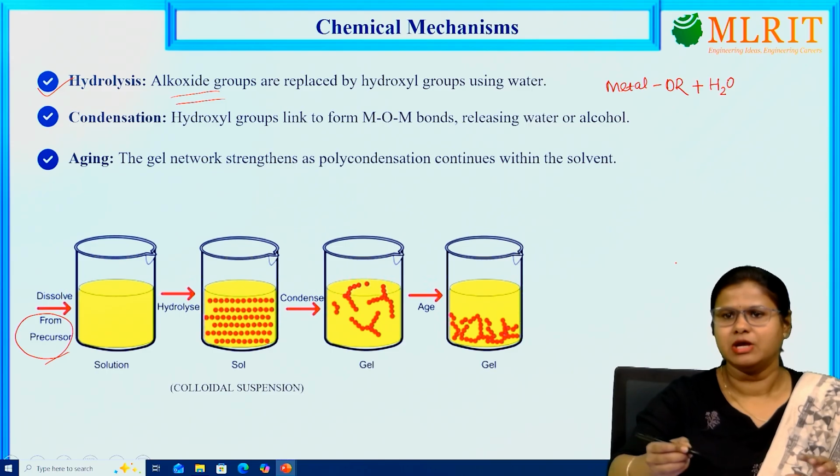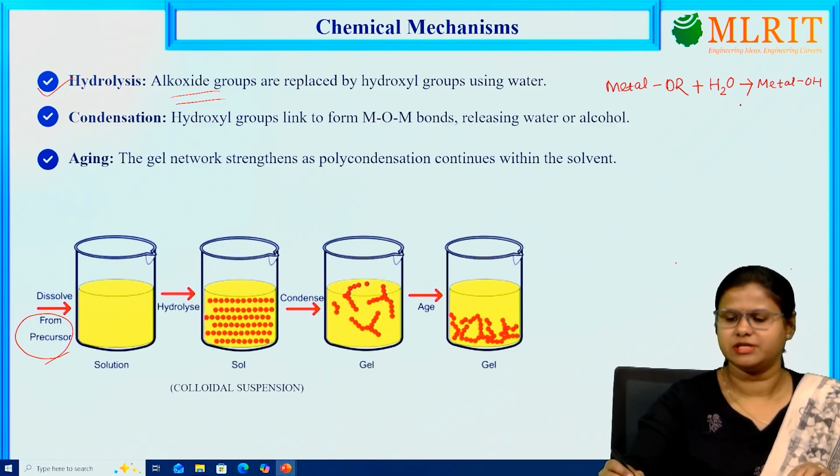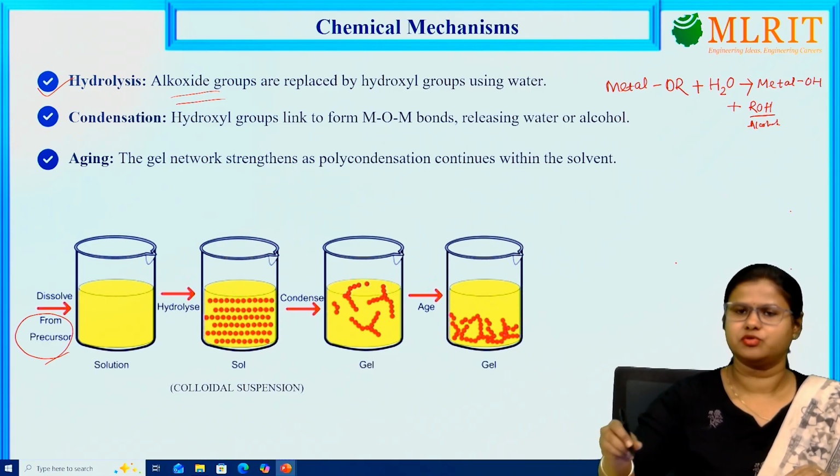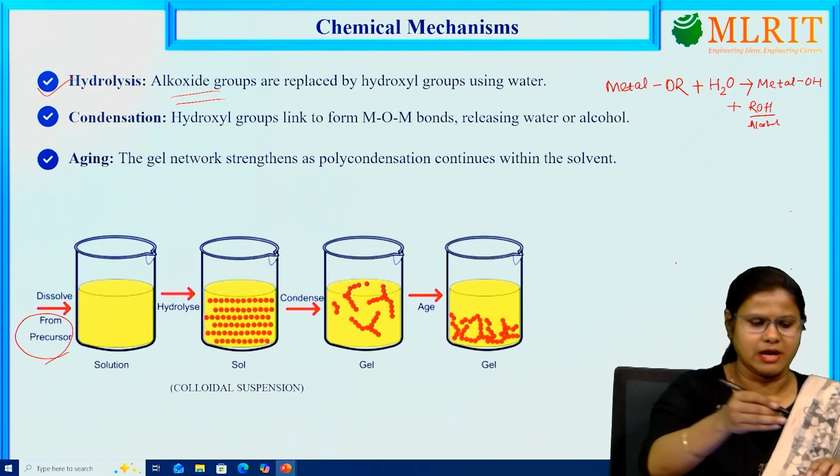Whenever it reacts with water, we will get the metal hydroxyl group, that means M-OH, and in addition we will get R-OH, which will be some alcohol. So this is how the hydrolysis process works.